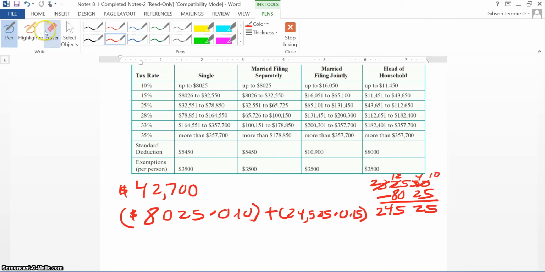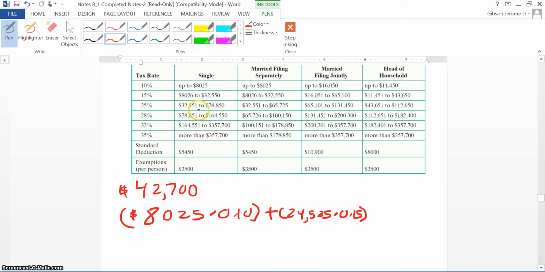Now, let me erase this out of the way here. Now we know that this only covers up until $32,550, but we want to get up to $42,700. So now we go to the 25% tax bracket. If you notice, this tax bracket goes up to $78,850. So the remainder of this $42,700 will be at the 25%.